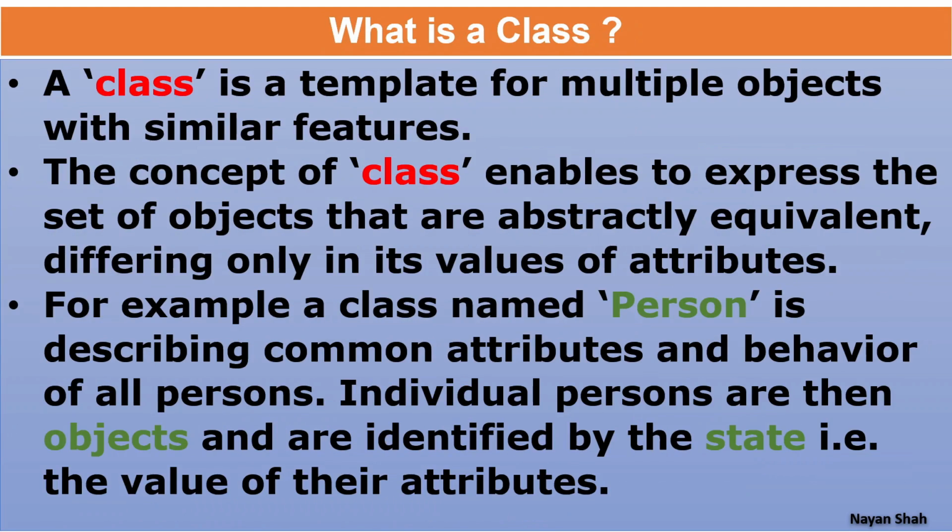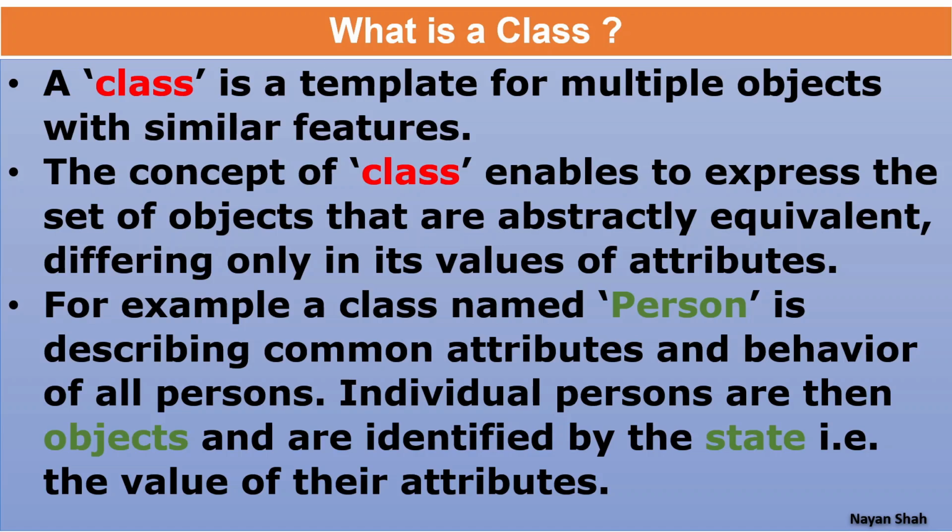Now we need to understand what is a class. A class is a template for multiple objects with similar features. Actually, this single sentence explains everything about what is a class and what is an object, and the relationship between both of them. Once again, a class is a template. A class itself is of no use.